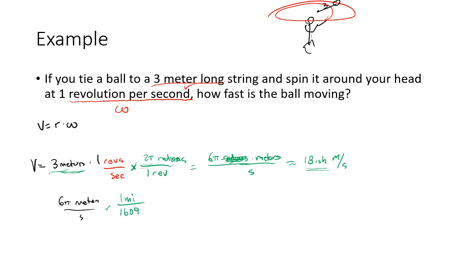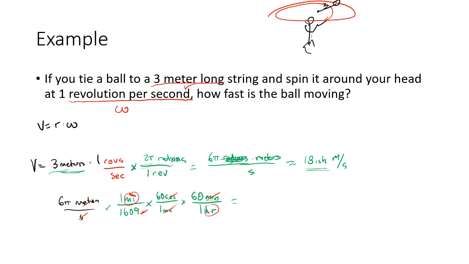And we can also say that there are 60 seconds in 1 minute and 60 minutes in 1 hour. That's going to cancel the meters, the seconds and seconds, the minutes and minutes, so we'll be left with miles per hour after we do this math.